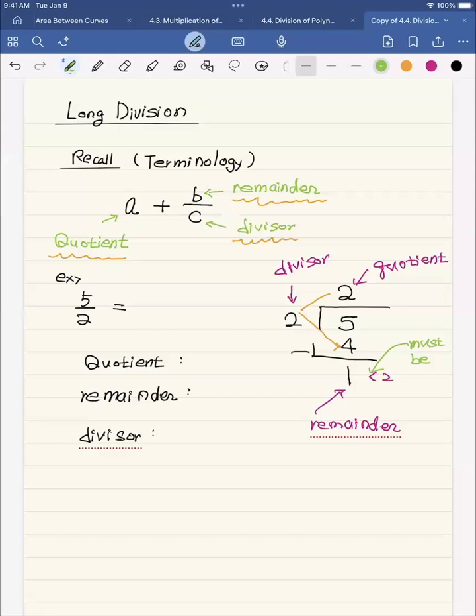When we have this result by doing the long division, the way we will write this will be quotient, so 2 plus remainder 1 over divisor 2.